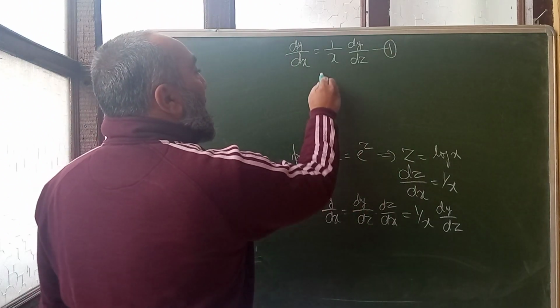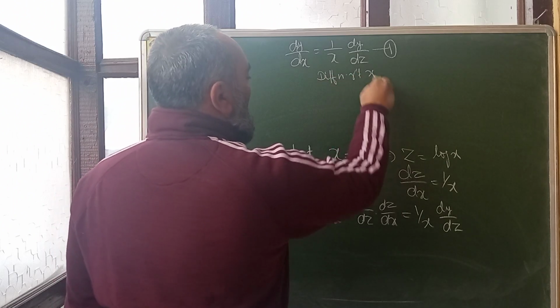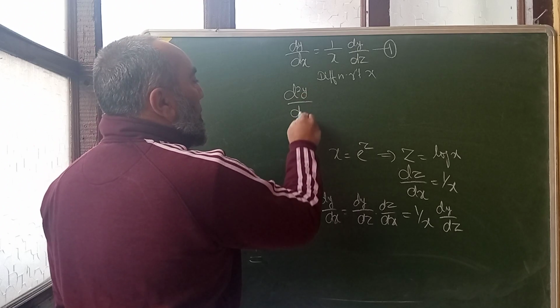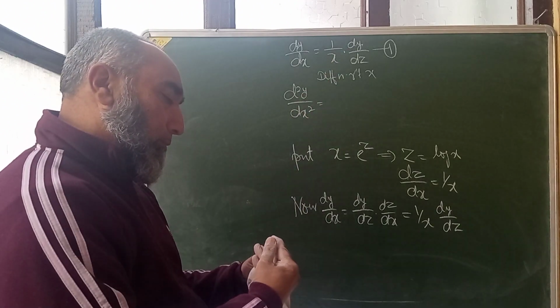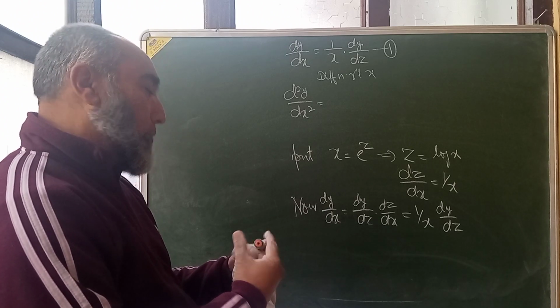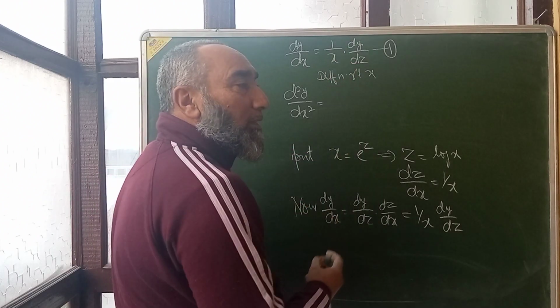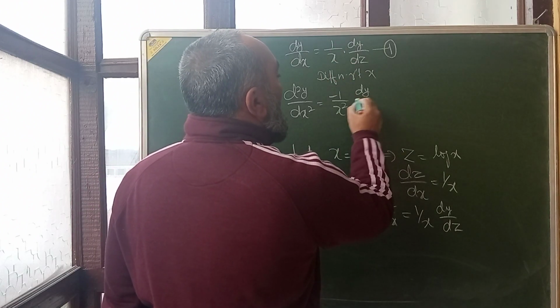Now let me differentiate it again with respect to x. What will I get? d2y by dx2. Now this is the product of two functions. What is the differentiation of 1 by x? It is minus 1 by x square, times dy by dz.